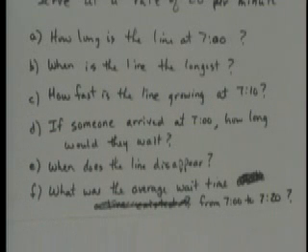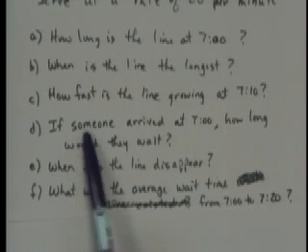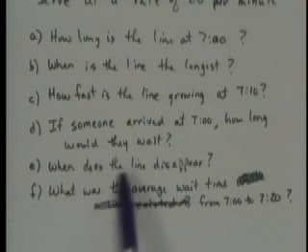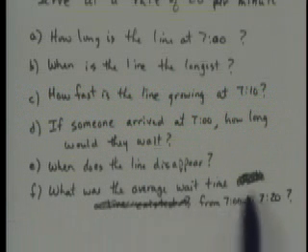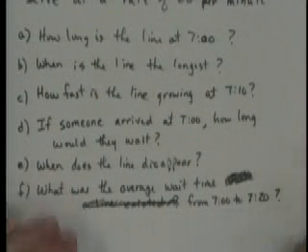When is the line longest? What time? That's what I'm asking there. How fast is the line growing at 7:10? If someone arrived right at 7, how long will they have to wait? And when does the line disappear? And then what was the average wait time from 7 for people that arrived from 7 to 7:20?